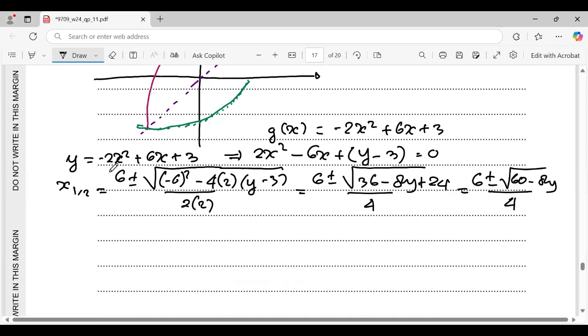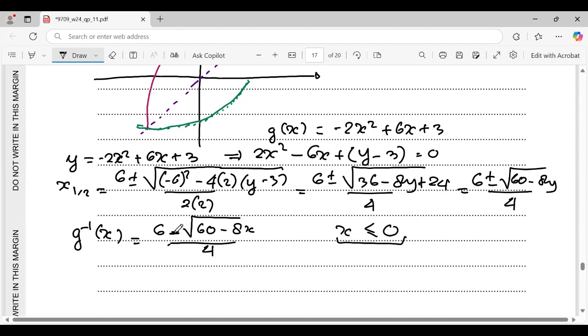So for the inverse of g(x), you can write it as 6 minus the square root of 60 minus 8x, over 4. Minus, not plus, because x is less than or equal to 0. If x is less than or equal to 0, it means the sign cannot be positive, it should be negative.